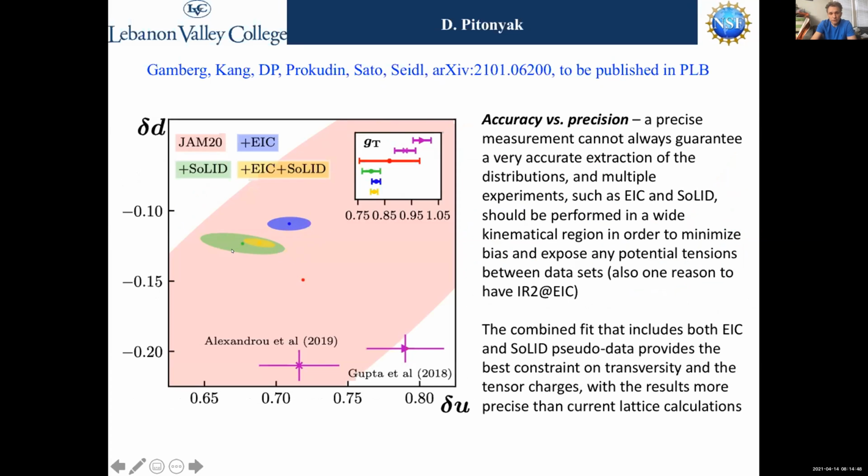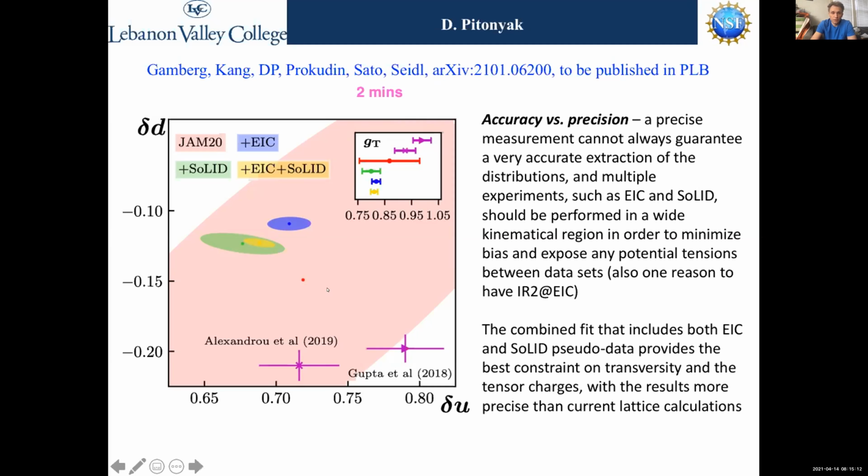Notice that the center values change, and they change because we have bias from the data which doesn't cover the whole region in X, and therefore, in order to have the most accurate extraction of the tensor charge in this case, one should have the widest possible region of X and Q squared covered.